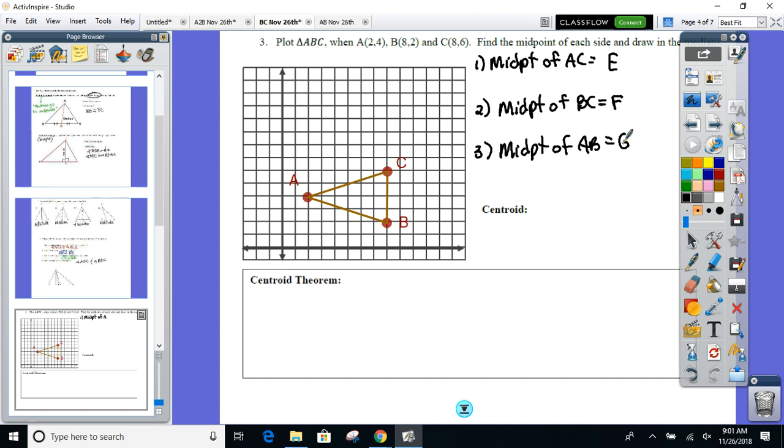Okay, to make this go quick, I'm going to assign different groups just like I did last week. Midpoint of AC, 2 groups right here, find me the midpoint of AC and call it point E. Midpoint of BC, these 3 groups in the back, call it point F. The other 3 groups remaining, please do the midpoint of AB and call it point G.